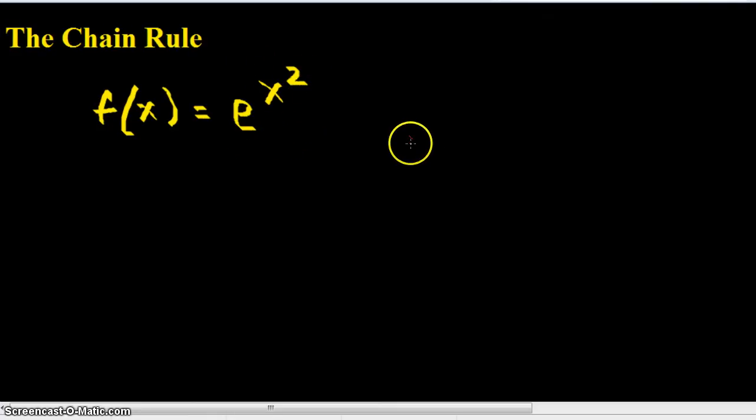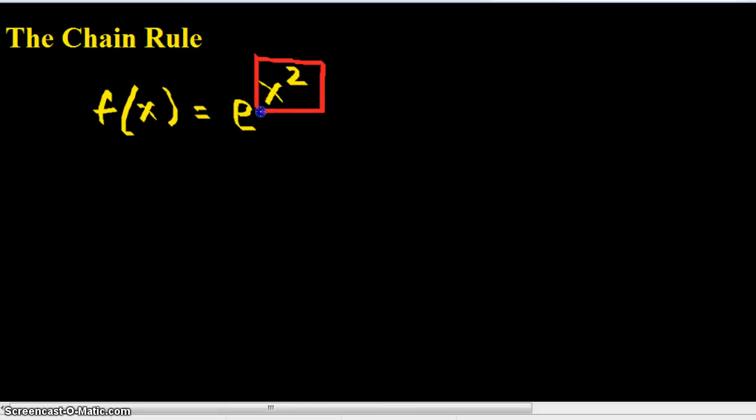So I need to ask myself, where do I put the box? Because in all these examples that we have done, we have always used the red box to identify the inner function, right? So I need to figure out which function is inside which function. So here, e to the power of x squared, I'm going to put the box here.